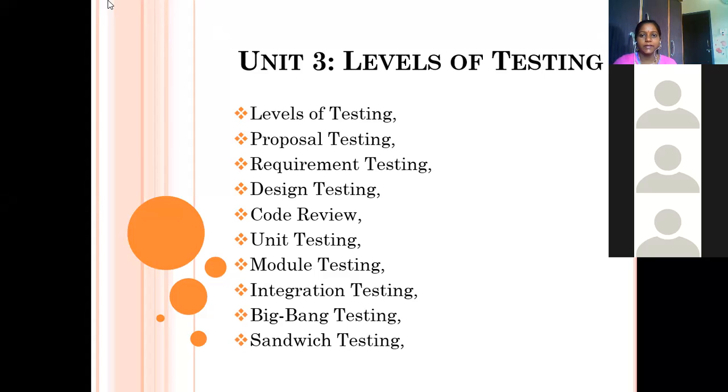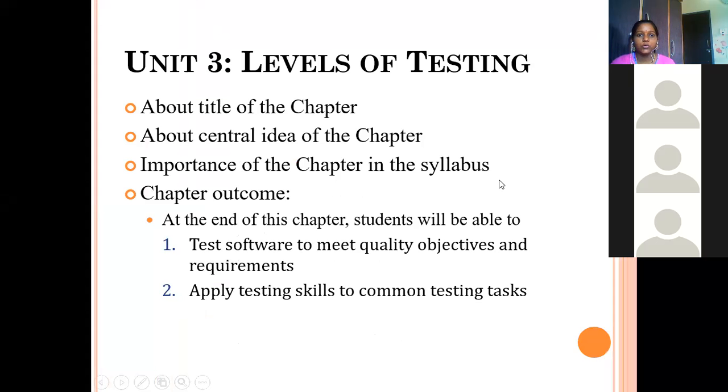Then coming to the next: the title of the chapter. As we know, levels of testing is about finding out the number of defects present in your software, isn't it? So in that way, you will be going through the process of testing with different levels. And what are those levels?